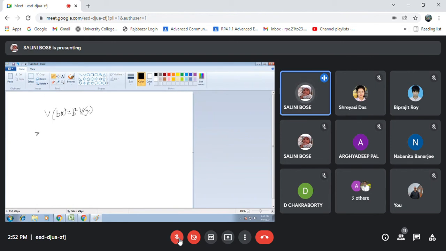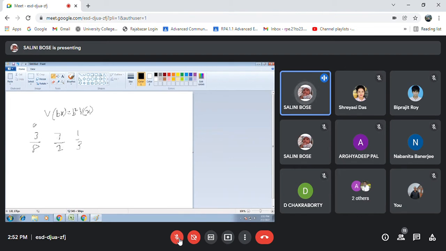So it is 3 by 8, then 7 by 2, the last one is 1 by 3. How to do it? Easily. Just cross multiply.